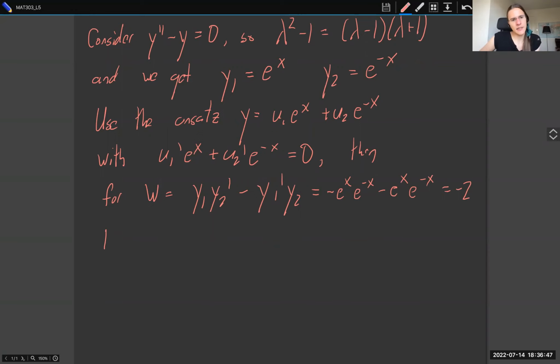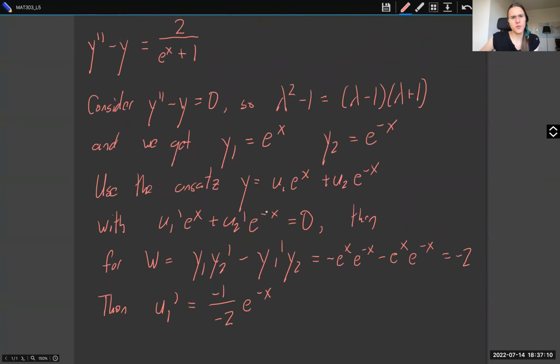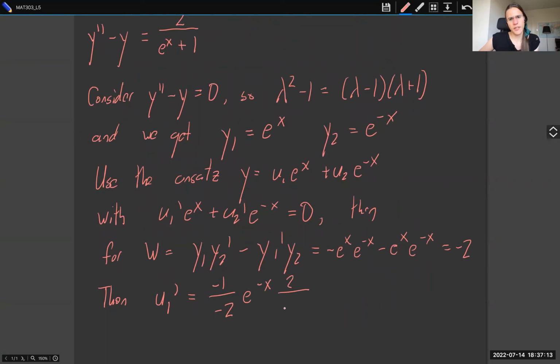Well, then u1 prime is equal to 1 over the Wronskian, -1 over the Wronskian, -2 of y2 times h, and h is 2 over e to the x plus 1. So overall, the 2's cancel out, the negative signs cancel out. We get e to the negative x over e to the x plus 1.